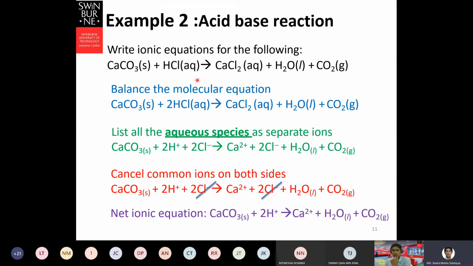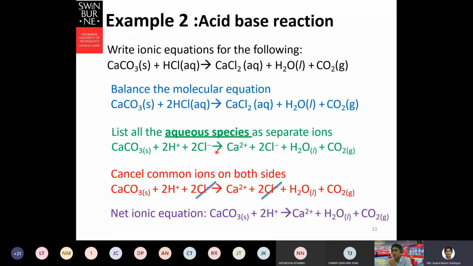And HCl is in aqueous form. That means HCl is already mixed with water and it is in a solution form. We cannot differentiate water and HCl in that solution. So in aqueous form they are only ionic. So 2 hydrogen and 2 chloride ions are shown.